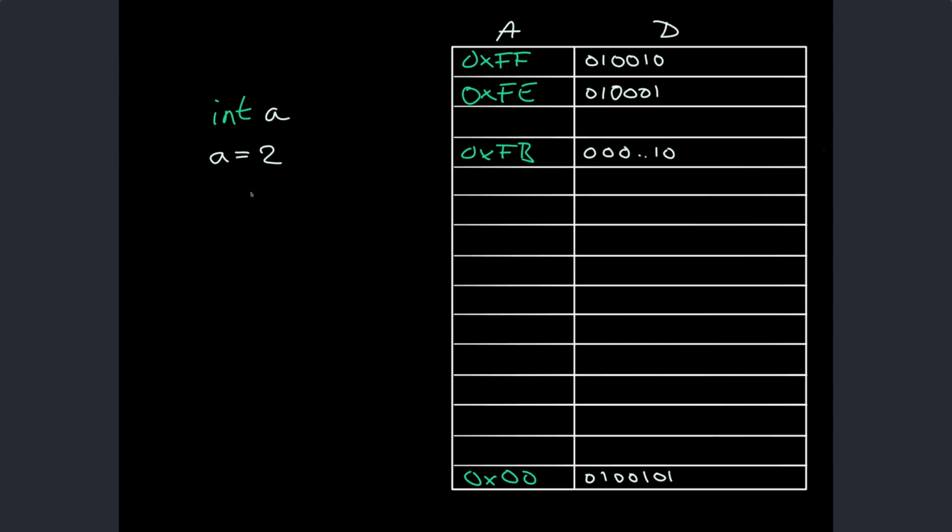So a pointer at the most basic level is just a reference to one of these addresses in the A column, in our address column. So let's say we have a pointer P, and that pointer will be pointing at some address in this A column. And let's say, for argument's sake, that it's conveniently pointing at our 0xFB address, which is our integer A's value representation.